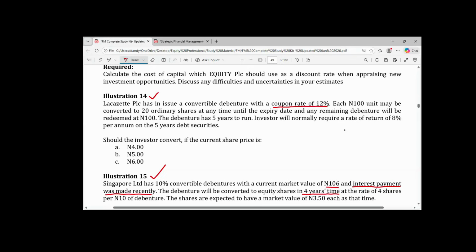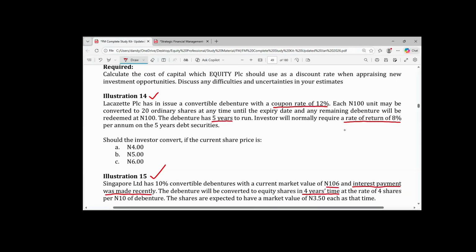The debenture has 5 years to run. Investor will normally require a rate of return of 8% per annum on the 5-year debt security. Should the investor convert if the current share price is A, 4 naira, B, 5 naira, C, 6 naira?